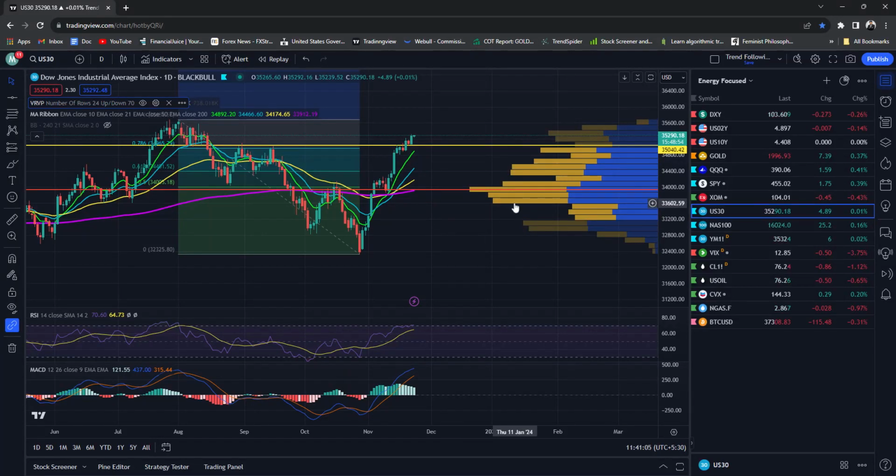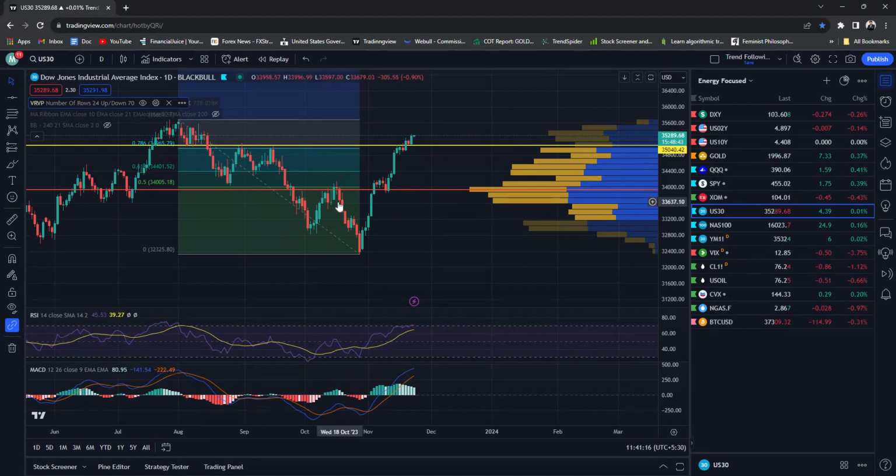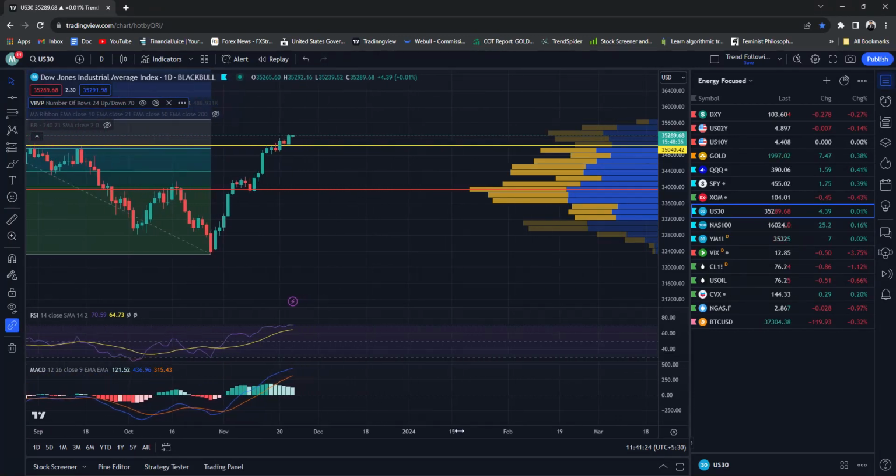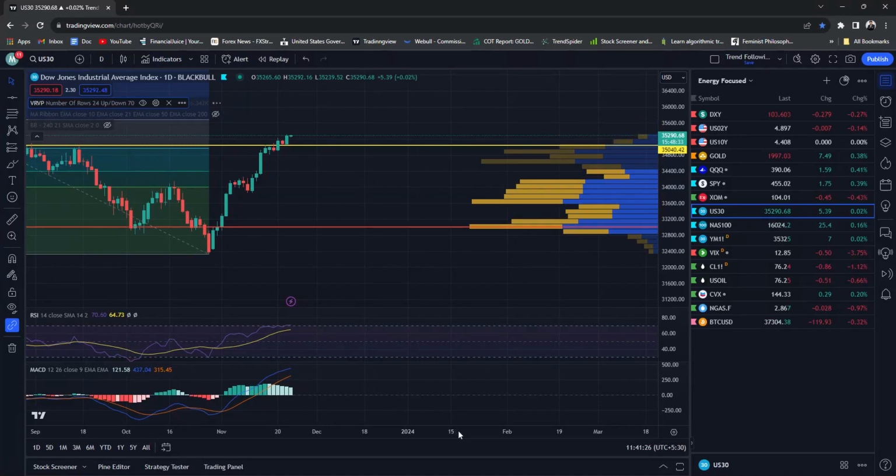And also the VRVP, we have not talked about VRVP at all. It's very simple to use. When we are looking at this, the volume is distributed everywhere. But if we look at the last 3 months, let's say from the start of September, the volume gets distributed.